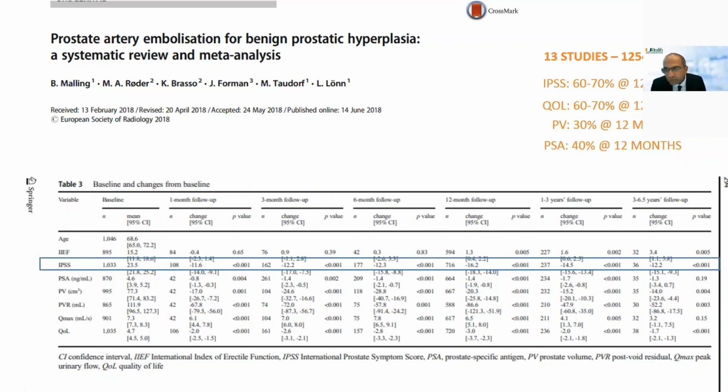Same thing with quality of life, as we know, it runs in parallel. Prostate volume reduction was 30%, and PSA was 40% at 12 months.